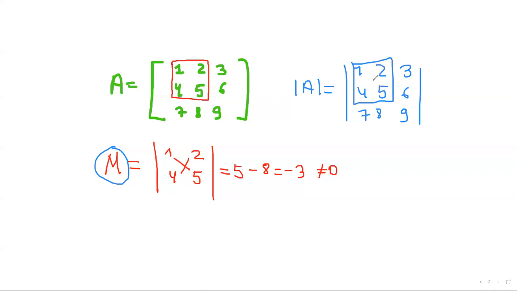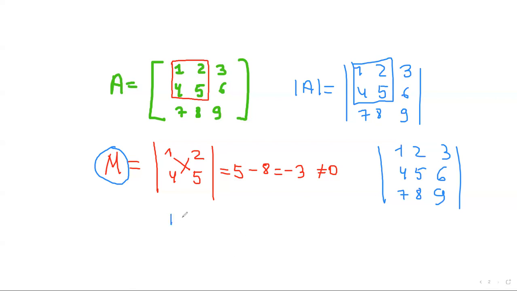Let's calculate this determinant: 1, 2, 3, 4, 5, 6, 7, 8, 9. We know from our previous lectures that in order to calculate this 3 by 3 determinant, we can apply different methods, and one of the methods is the Sarrus method.